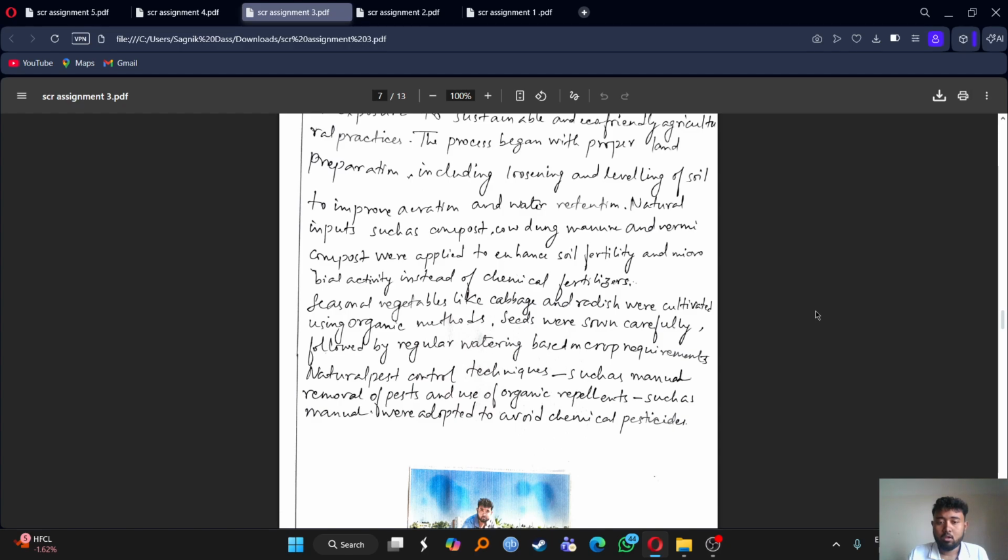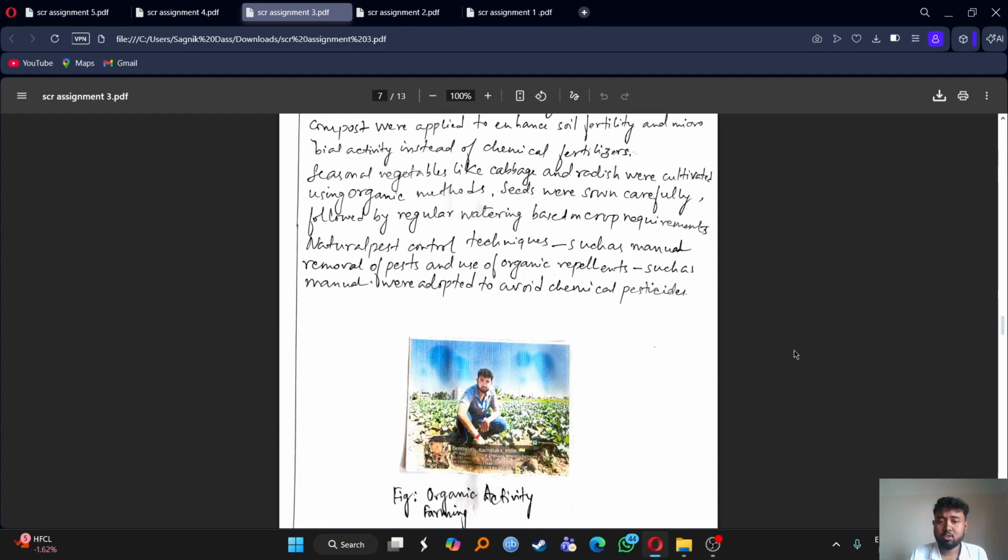Seasonal vegetables like cabbage and radish were cultivated using organic methods. Seeds were sown carefully, and we did proper regular watering. We followed natural pest control techniques according to the crop requirements, removing pests on a daily basis.